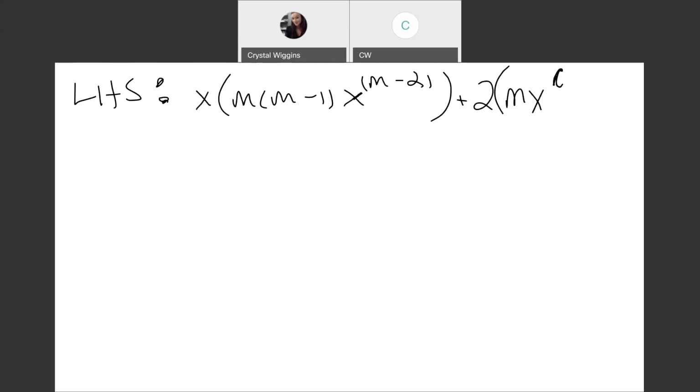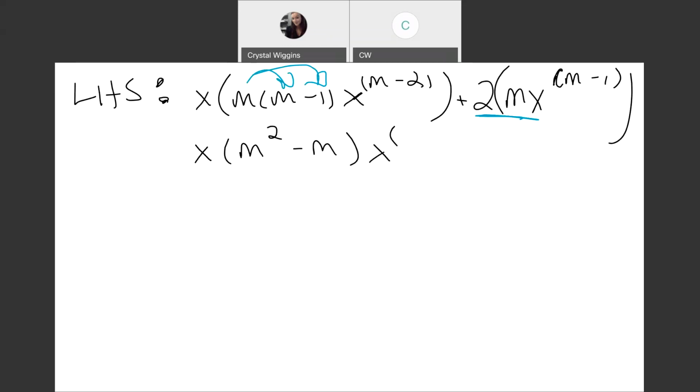Now, the only simplification I can see right now is to distribute in this m, maybe drop the parentheses here. So I have x times m squared minus m, x to the m minus 2, plus 2m x to the m minus 1.